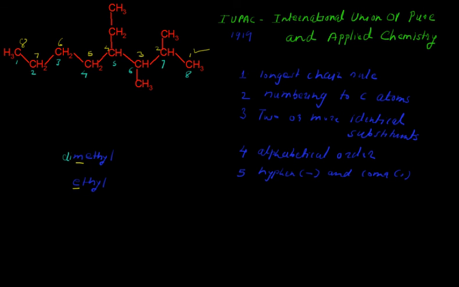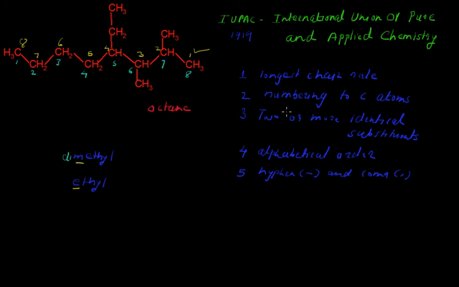So here the parent name is octane, because the total number of carbon atoms is 8 and this is an alkane, so it will end with A N E. Now we'll follow all the rules. Now we have written the parent name, that is octane.